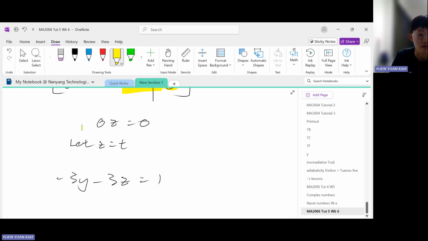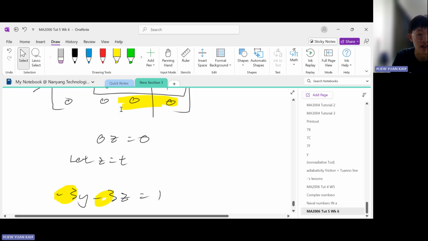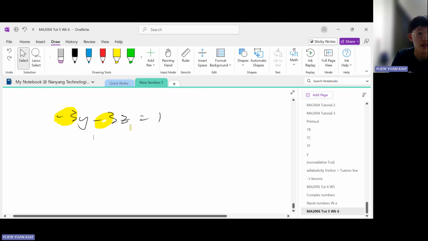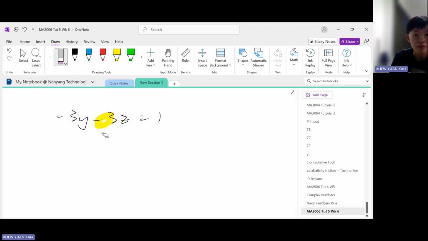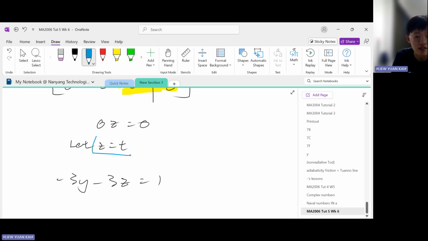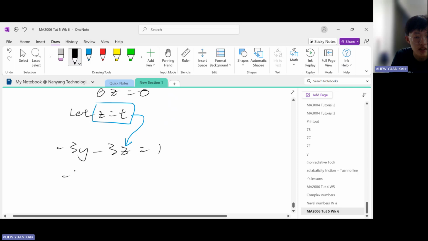Where did I get this minus 3, minus 3? I got it from here. Minus 3, minus 3. And then remember, from row 3, we already found that z is equal to t. So we shall substitute it into here. Now you replace z with t. So minus 3y minus 3t is equal to 1.